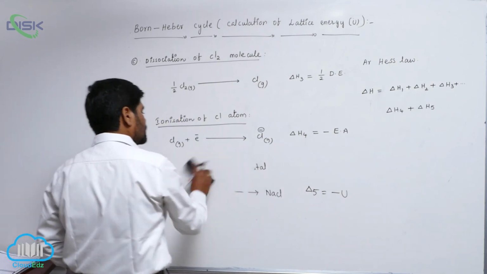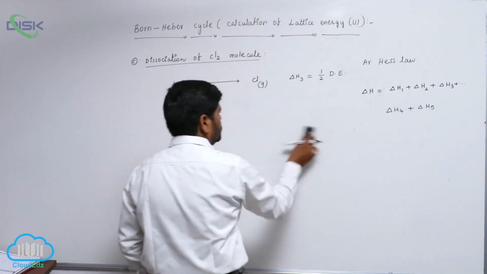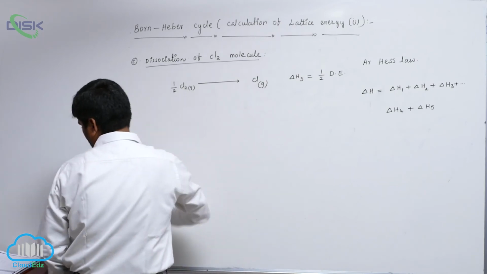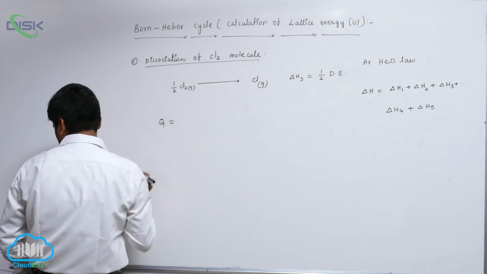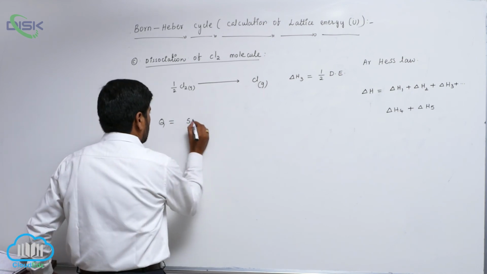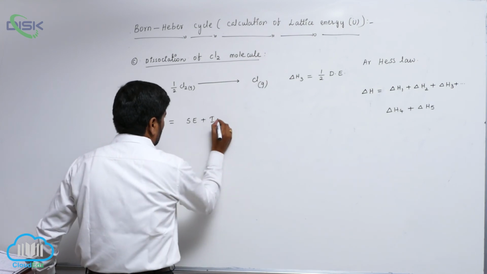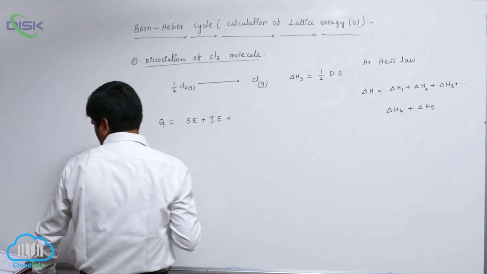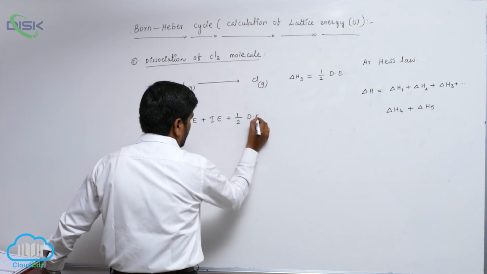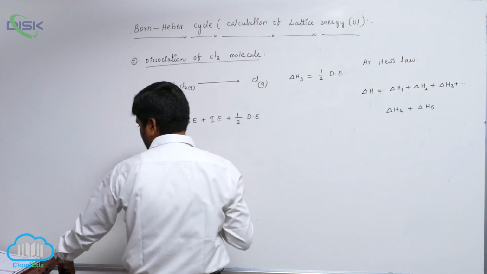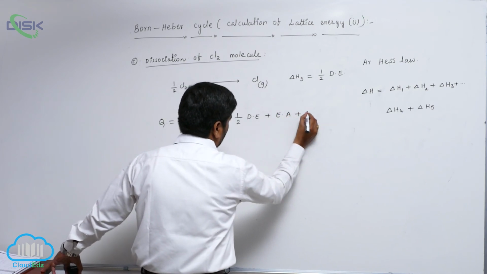So Q, the heat of reaction, equals sublimation energy plus ionization energy plus 1/2 dissociation energy plus electron affinity plus U.